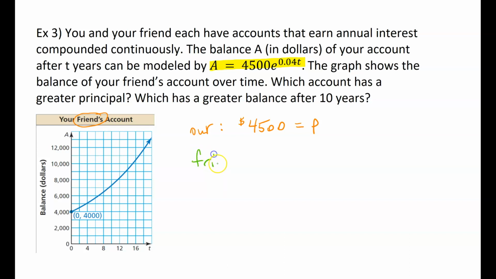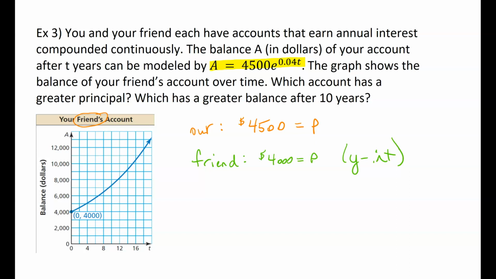How do we determine the principal in our friend's account? The y-intercept, and the y-intercept is at $4,000. $4,000 equals P, and again, yes, it is the y-intercept. So at time 0, they had $4,000.